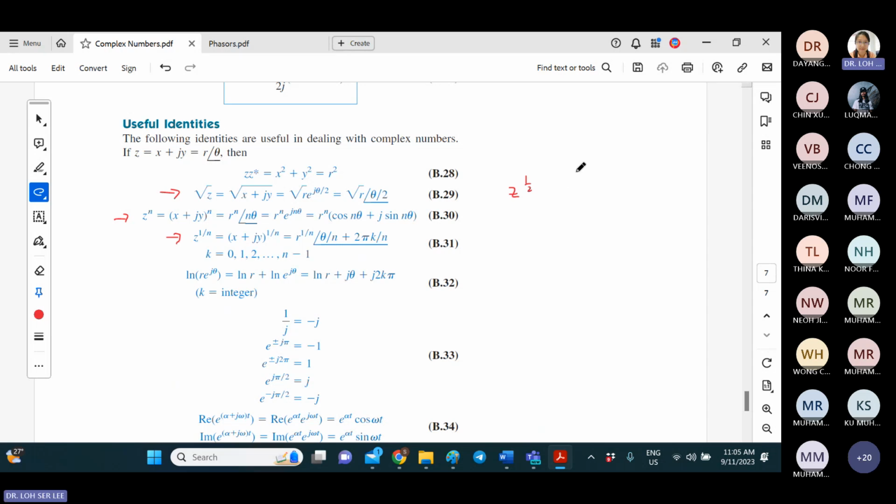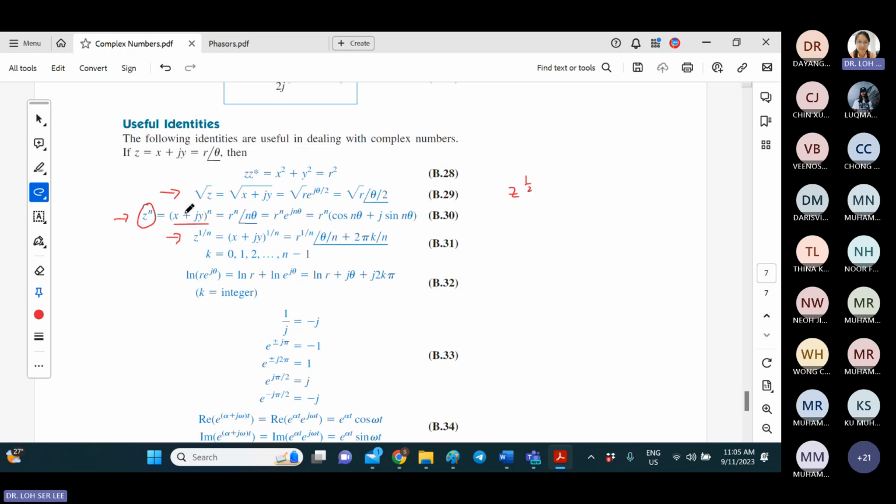Let me check the previous one. Power of n. If we look at this one, the formula is here. Z to the power of n equals this one. Okay, the complex number to the power of n.